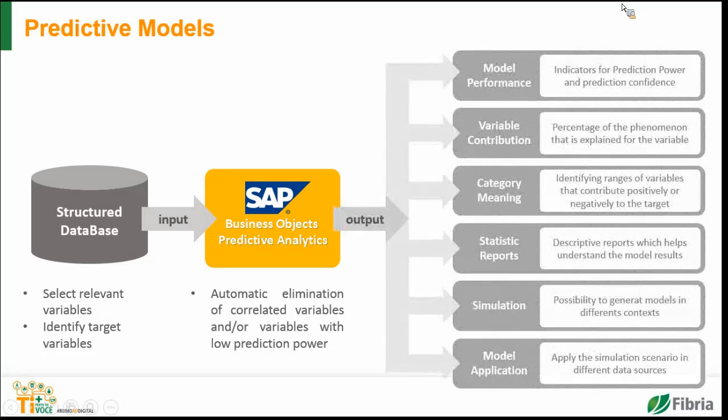And after that, we have a lot of output. So we have the model performance, which is an indicator for prediction power and prediction confidence. Prediction power shows you the quality of the prediction that the predictive analytics could achieve with the data that you put into it.